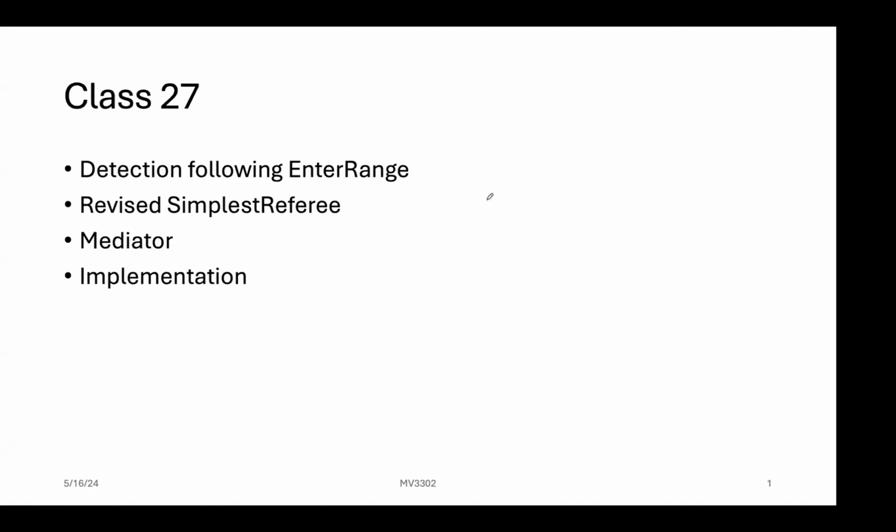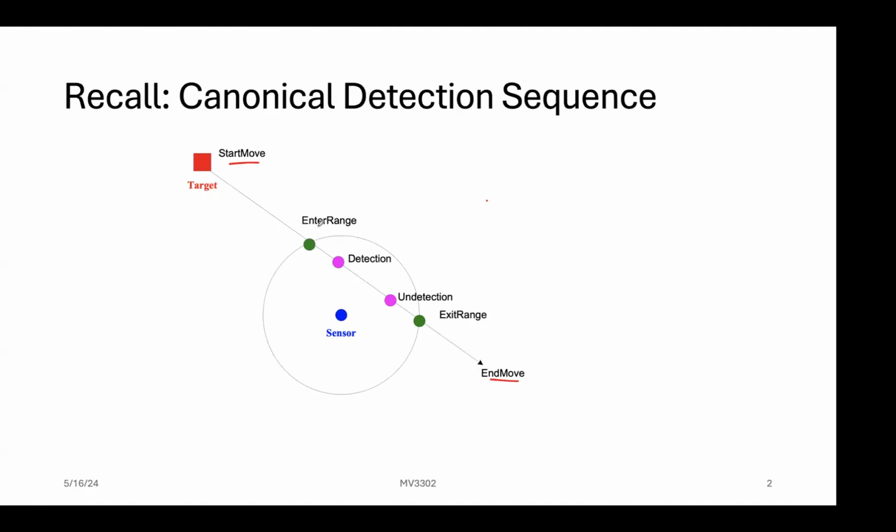And so what we're looking at is, at least in the simplest version, we've already looked at if we have one sensor and one target, that simplest referee business was able to handle the enter and exit range events. And just to carry the thing all the way to the detections, in that simplest referee one, I had it schedule the detections, and several things were pointed out about this.